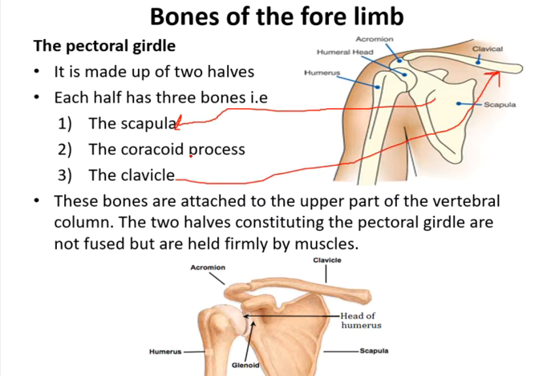The two halves constituting the pectoral girdle are not fused, but are held firmly by muscles. Then the coracoid process, I think it is not shown, but it is so much reduced in human beings.